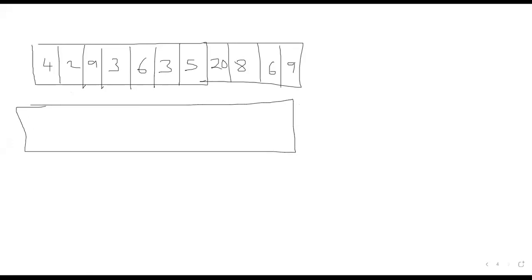We got 2, then 3, then another 3, then 4, 4, then 5, 5, then 6, 6, 6, 8, 9, then another 9.